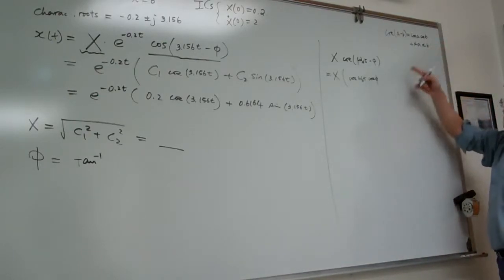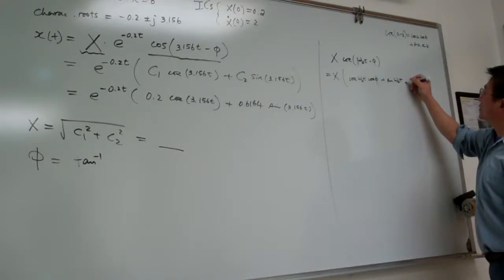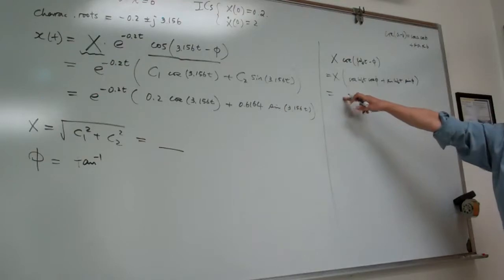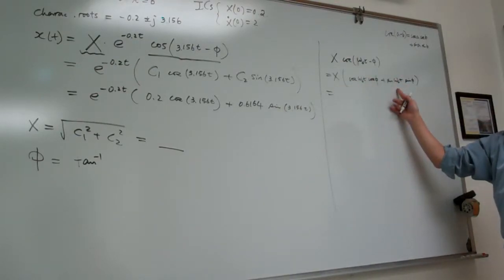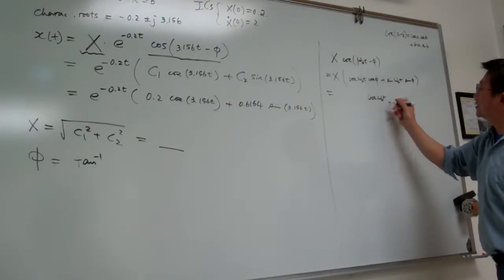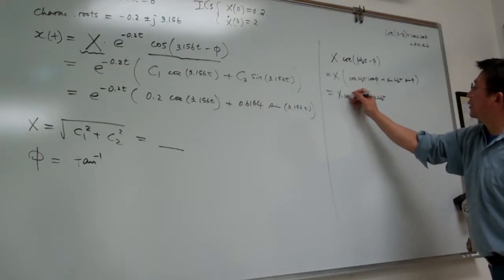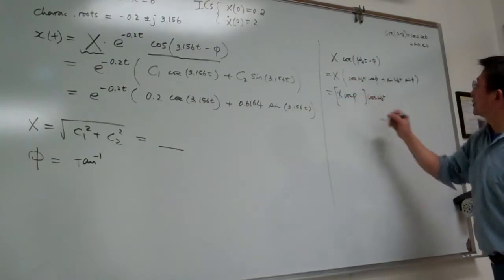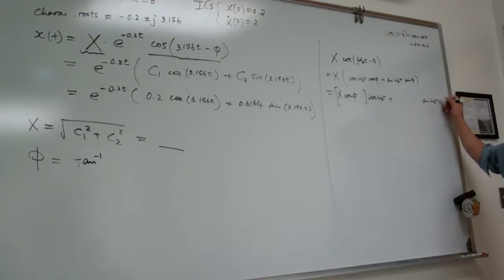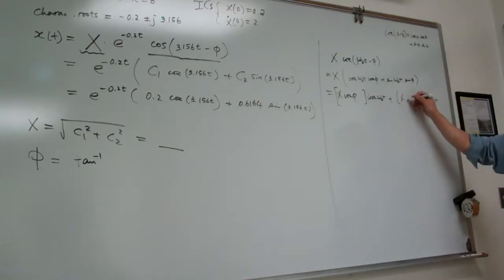So plus sine omega_d t sine phi. Then I distribute X into individual terms and collect. So cosine omega_d t has the coefficient capital X times cosine phi, and sine omega_d t has the coefficient capital X multiplied by sine phi.